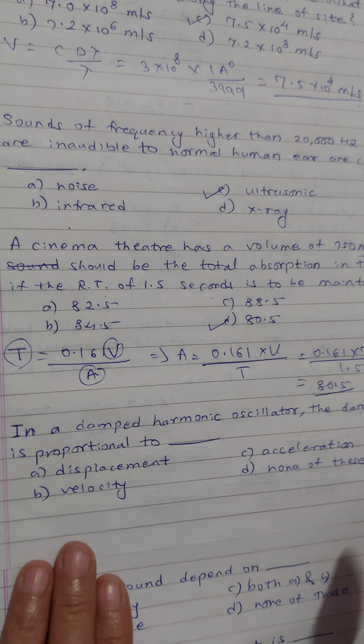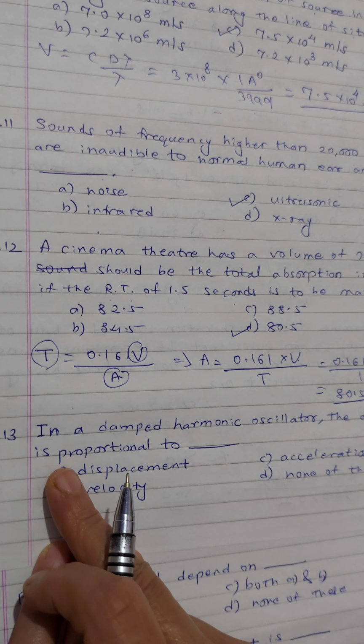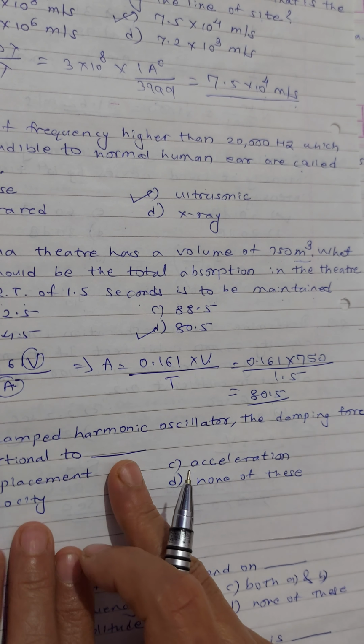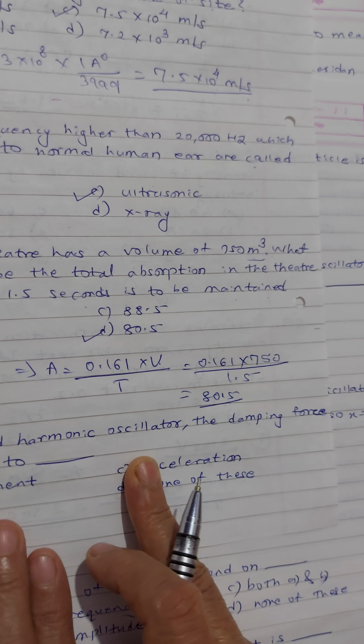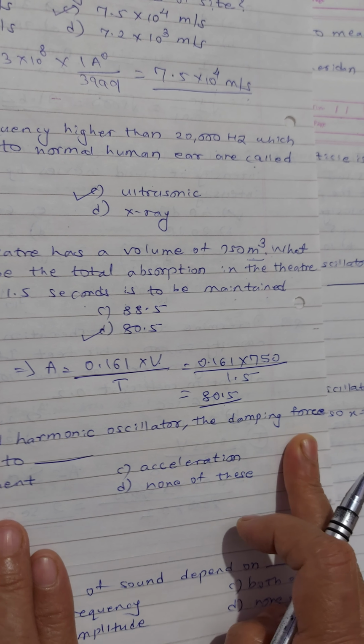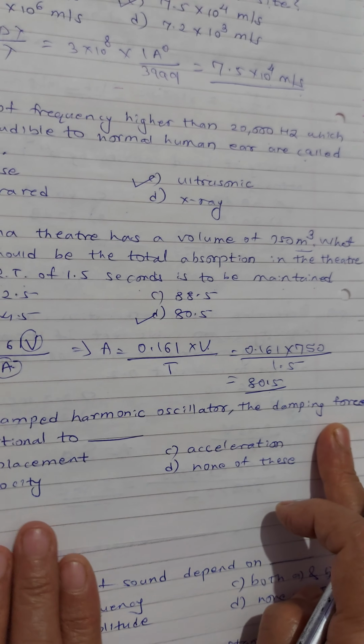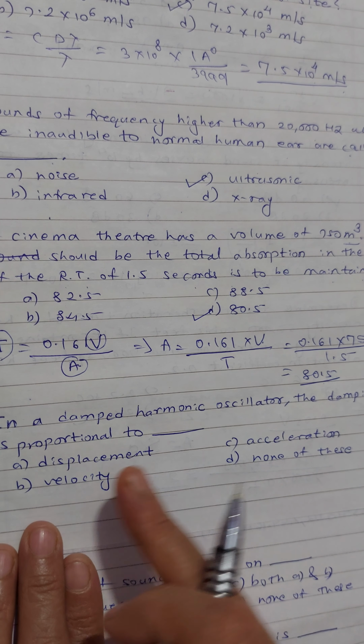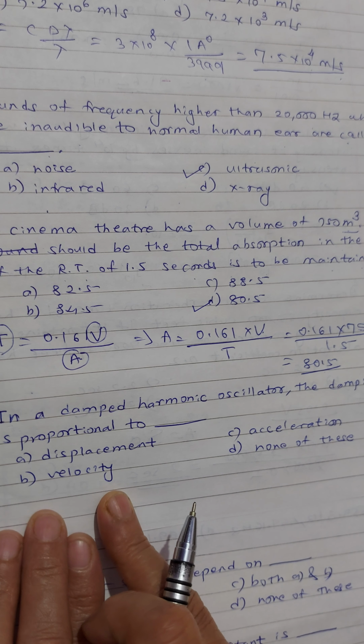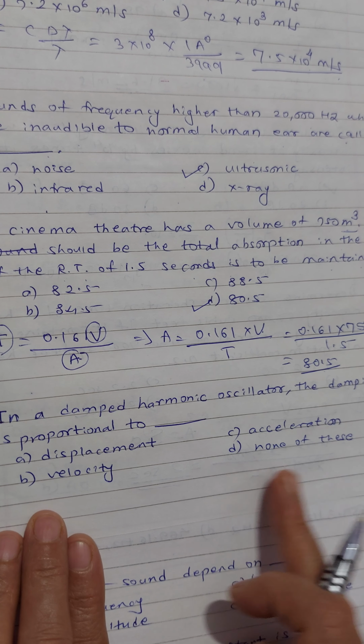Okay. Question number 13. In a damped harmonic oscillator, the damping force R is proportional to displacement, velocity, acceleration, or none of this.